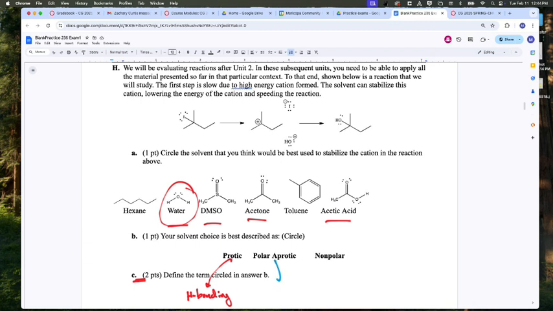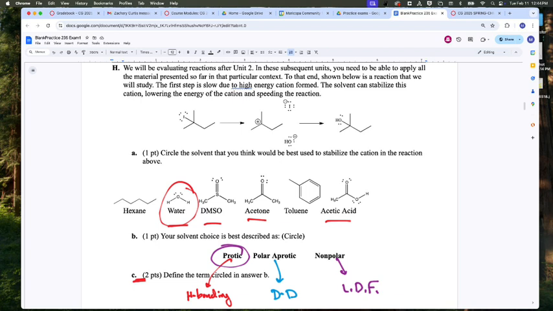Polar aprotic means, and then nonpolar means, so if I look at water, the best choice is protic. Defining the term, it's a hydrogen bonding solvent. Okay?